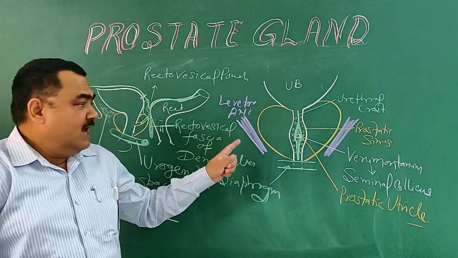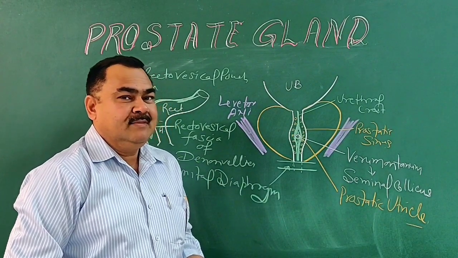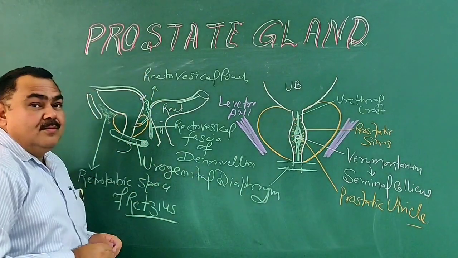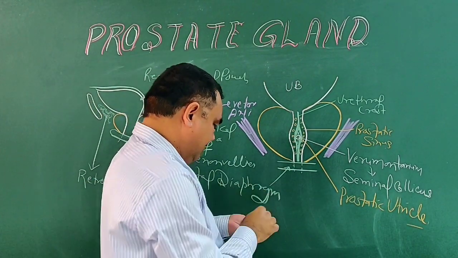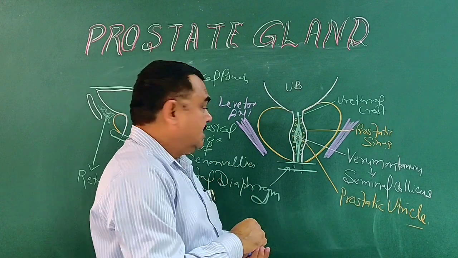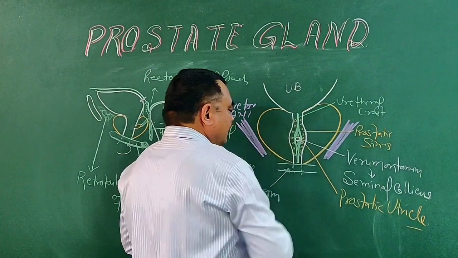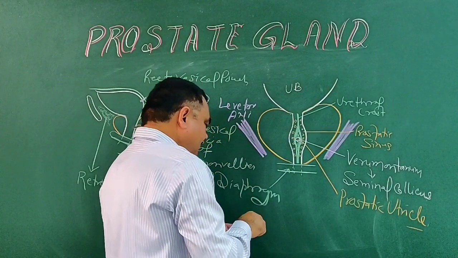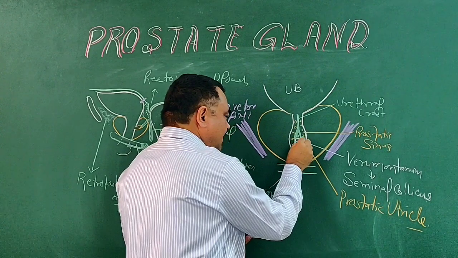In the female, this prostatic utricle is analogous to the uterus and cervix. And lateral to this, there is another opening. Here are the two ejaculatory ducts.